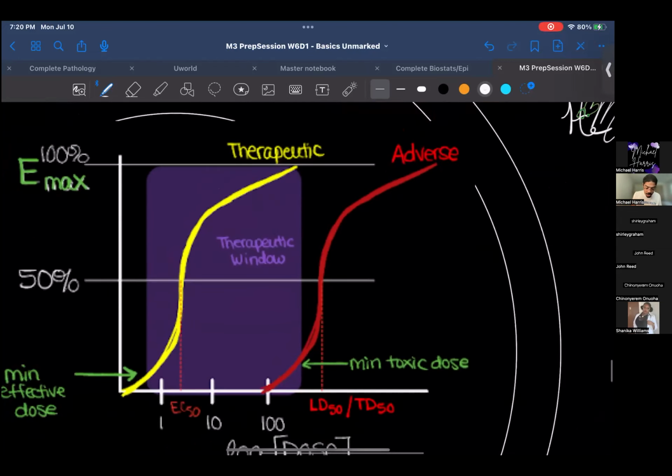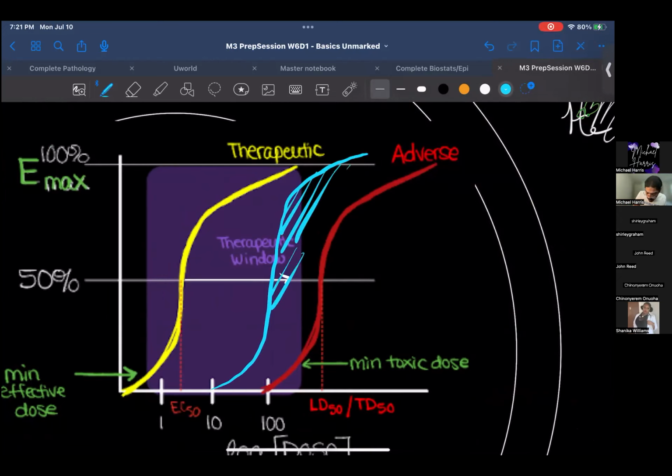Essentially, what you did is you took this graph and you moved it to the right. So instead of it being at the yellow marker, it's now at the blue marker. And you see how small of a therapeutic index you now have. It's so close to having a lot of adverse events.